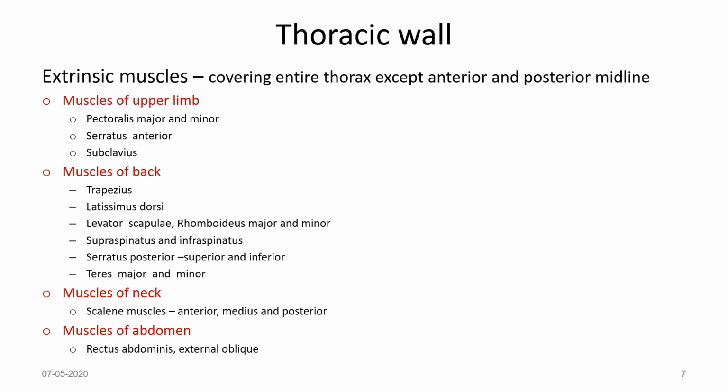Now let us see what the extrinsic muscles are. The extrinsic muscles are those covering the entire thorax except the anterior and posterior midline. They can be divided into muscles of the upper limb, muscles of the back, muscles of the neck and muscles of the abdomen.